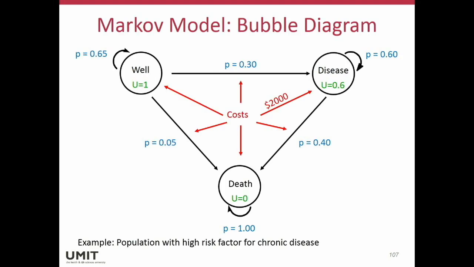Here, for simplicity, we have the cost attached only to the diseased health state. So that means that people that are in the health state get continuous treatment. But you could attach, of course, costs to all other health states as well, and also to the transitions among the health states. So one-time costs you could have.